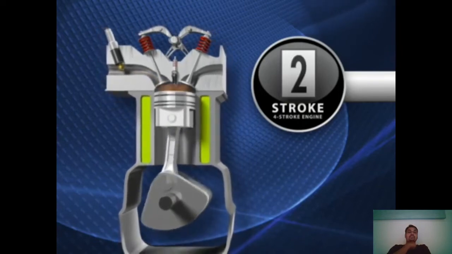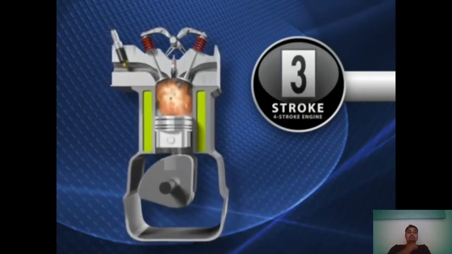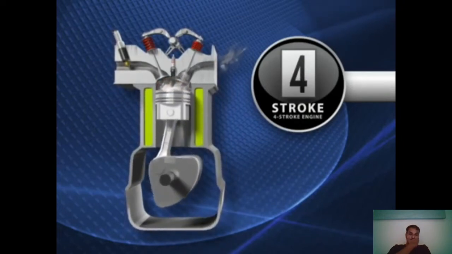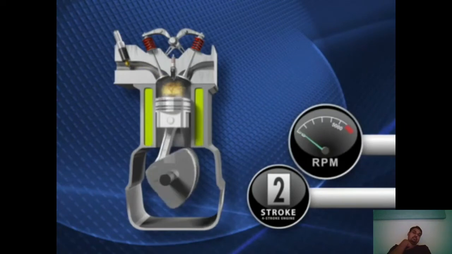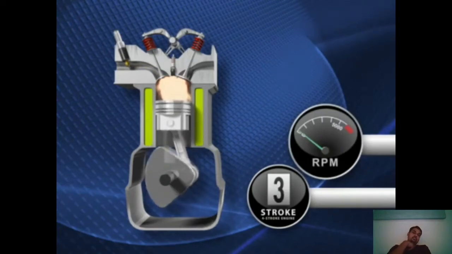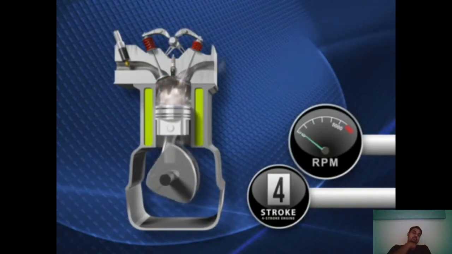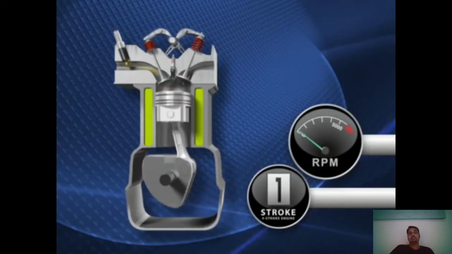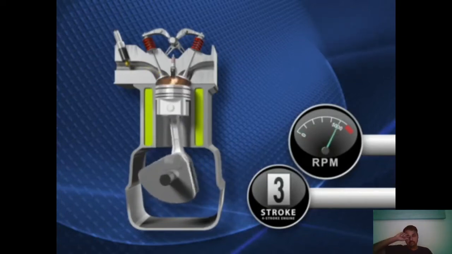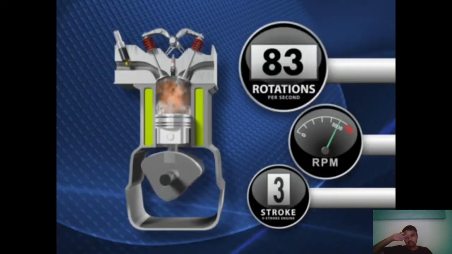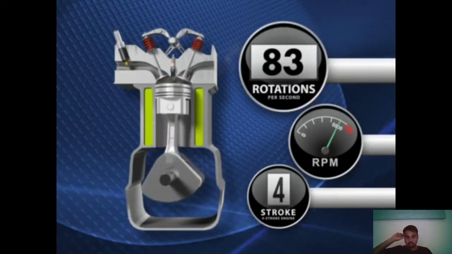It takes one up and down motion, or 2 strokes of the piston, to create 1 revolution of the crankshaft. RPMs, or revolutions per minute, is how many times the crankshaft rotates within that minute. At wide open throttle, the crankshaft may turn at 5,000 RPMs, or a dizzyingly 83 times per second.